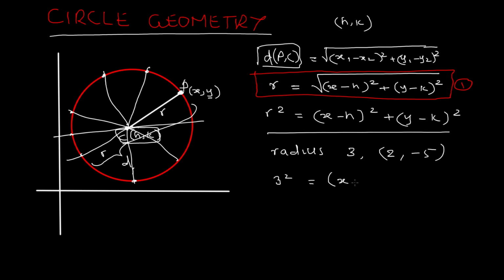So X minus H, we said H is 2, plus Y minus 5. So we have 9 is equal to X minus 2, we don't forget our square signs, then plus, here we get Y plus 5 squared.